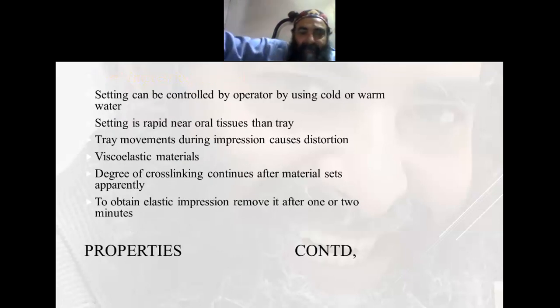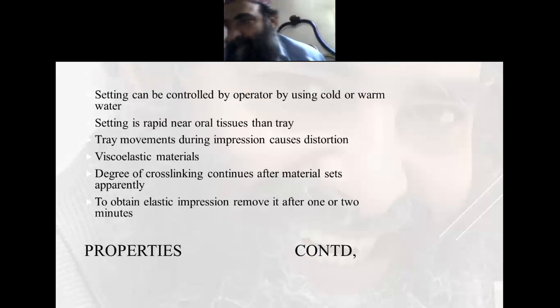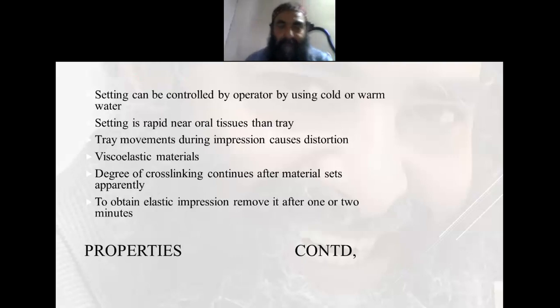Setting can be controlled by the operator by using cold or warm water. You can also control the setting of this material through using cold water or warm water. If we use cold water, the setting will be delayed.